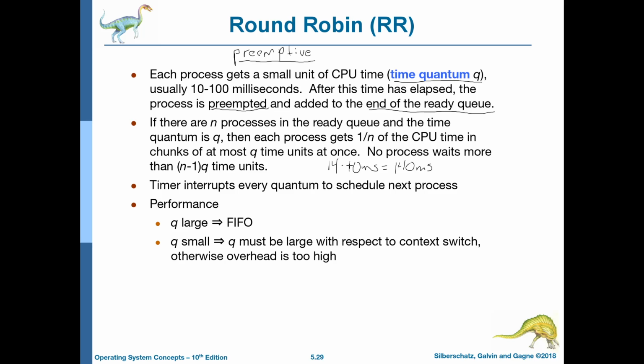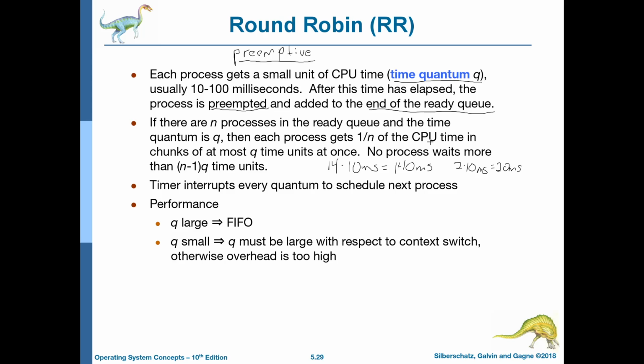Now, mind you, that's a lot of jobs. Let's consider the first come, first serve example we saw before. There were 3 jobs. If we have 10 milliseconds, if there are 3 jobs in the queue, then none of these are going to wait more than 2 jobs times 10 milliseconds, or 20 milliseconds.